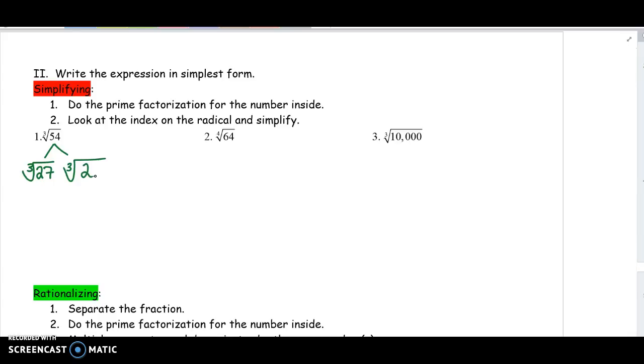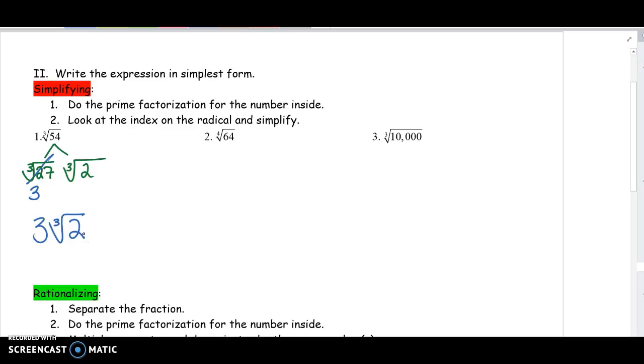So all we're doing is taking 54 and splitting it into a perfect cube times something else. The reason we're doing this is, what is the cube root of 27? 3. So we have simplified it by pulling a perfect cube out from under the radical. Our answer is 3 times the cube root of 2.